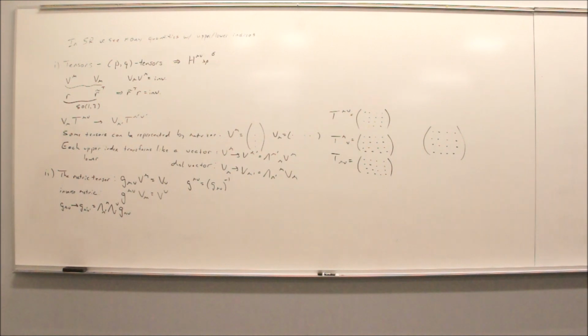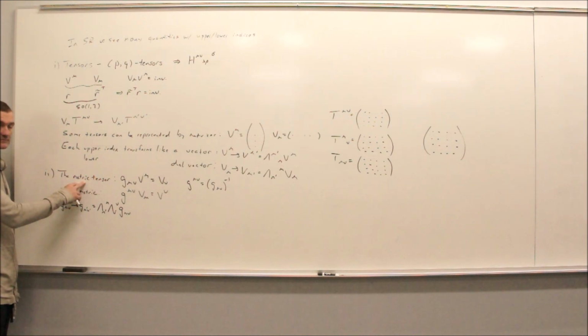Now, there's a couple more comments I made about the metric in here, which I'm not going to go through. But everything I've said so far is true for a metric in general.